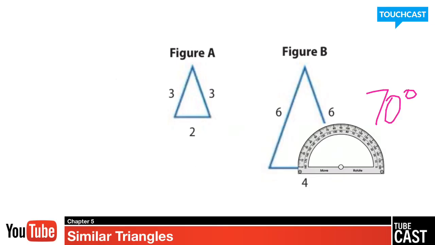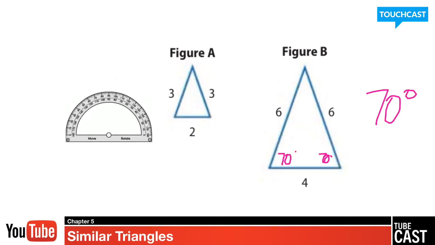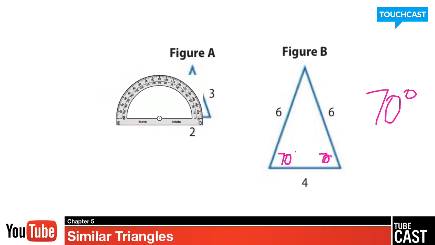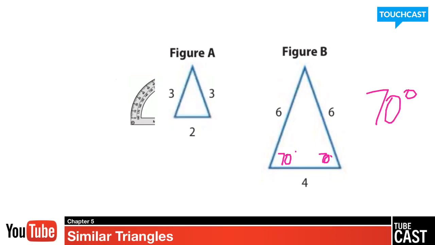Now I've lined this one up, and you can tell that this is lined up with 0 here, and it is also 70 degrees. I'm going to try my best to show you that we could do the same thing if we lined it up with the smaller triangle. Make sure that this is on the 0, as close as we can. You can also tell that this angle that we're looking at would be 70.